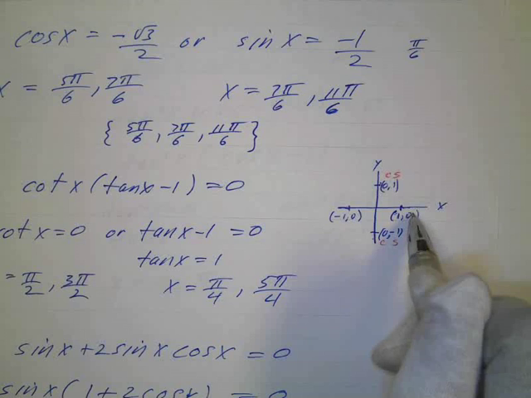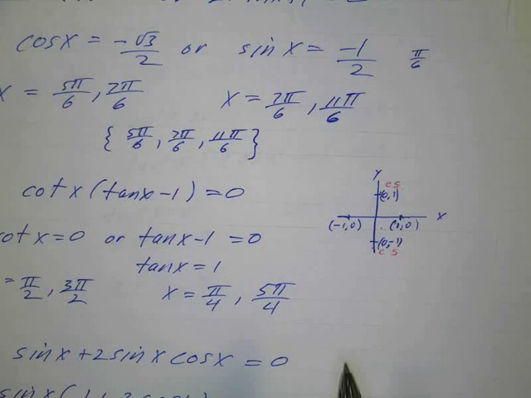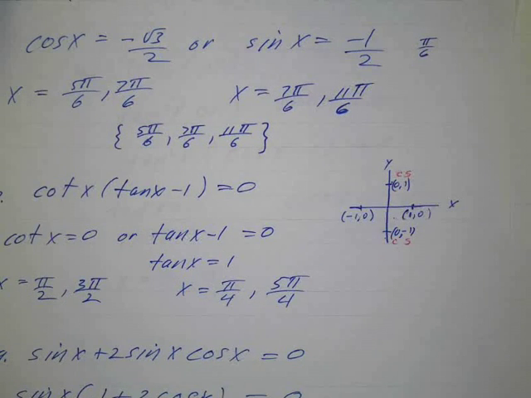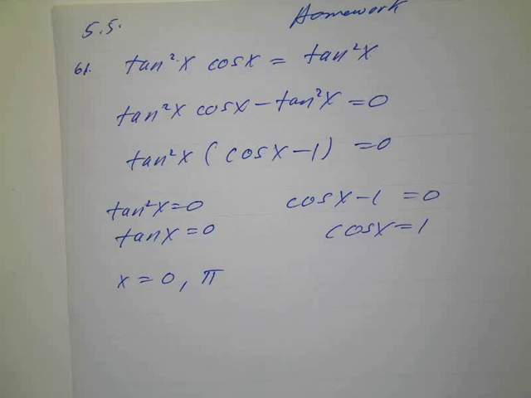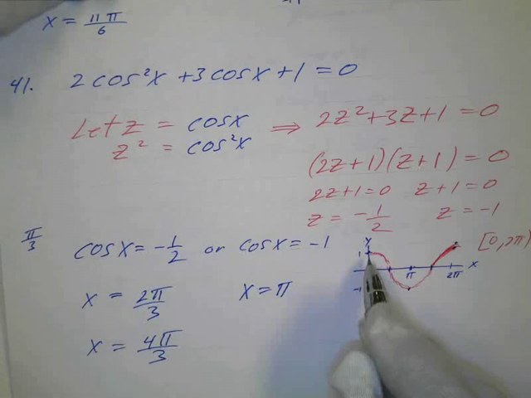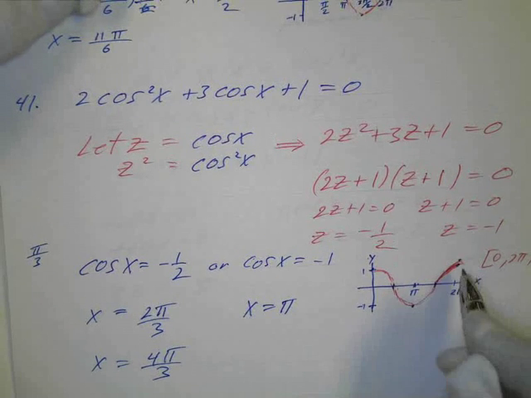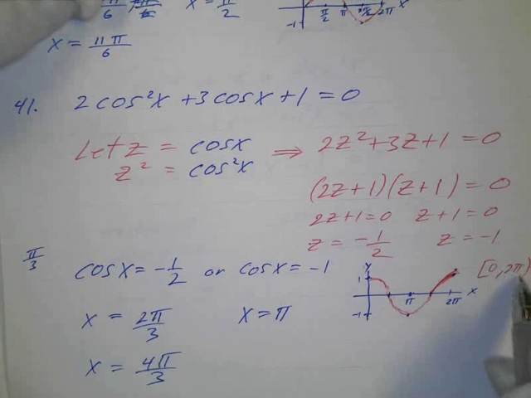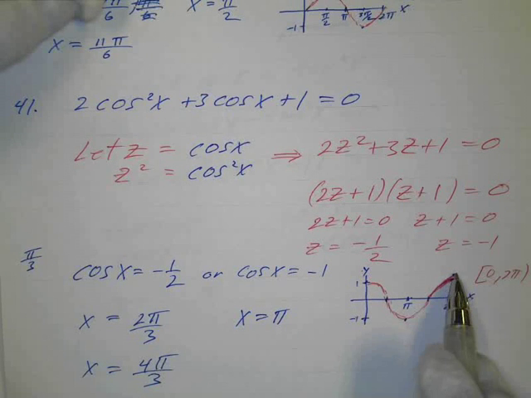That's the one we can't see in a simple graph; we'd have to graph 2 periods because the tangent period is only pi. And then the cosine equals 1. I can go back and look at my graph, and the cosine equals 1 on this interval just at 0. It goes back to 1 later, but it doesn't matter because this is a restricted interval, just 0 to 2 pi. So don't worry about that.